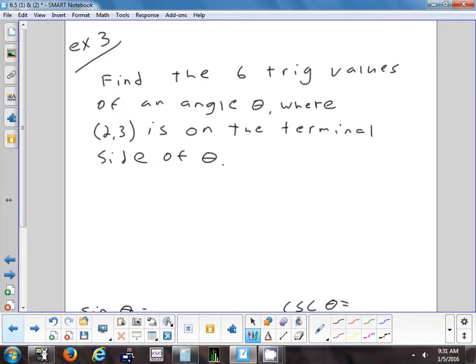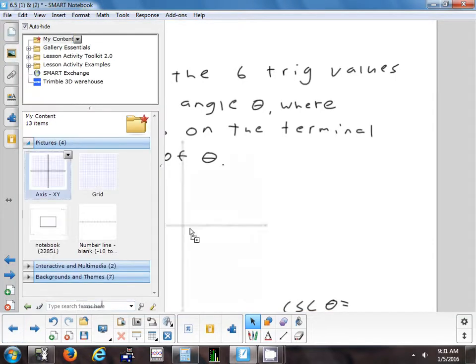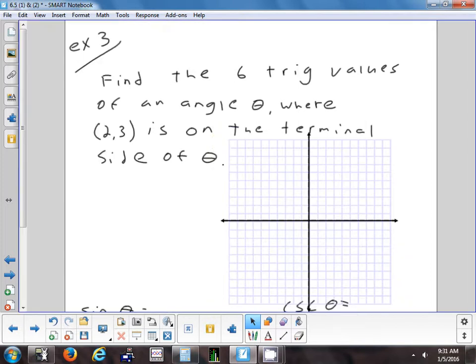All right, so it says this point is on the terminal side of the angle. Okay, so let me sketch that. 2, 3. So there's the point 2, 3. And there's my angle. Let's do it in a different color.